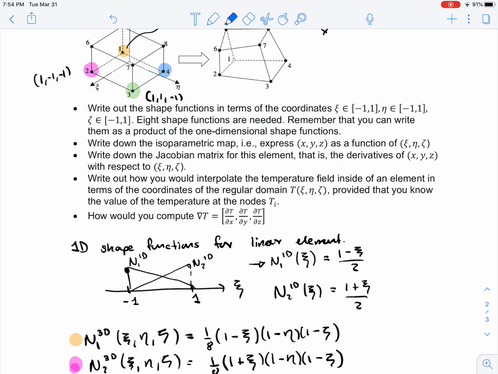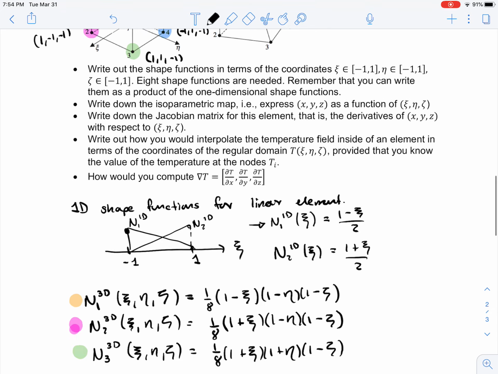Then N4, that's this guy right here. That one has coordinates minus 1, 1, minus 1. So it's in the negative psi, but in the positive eta, and then minus 1.